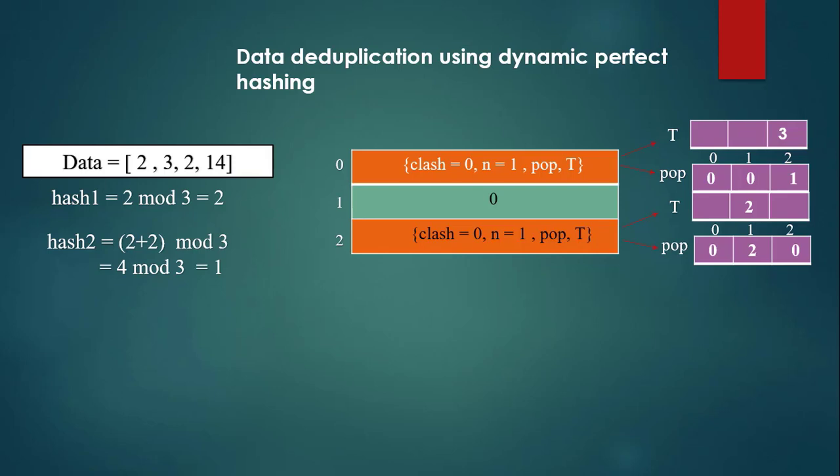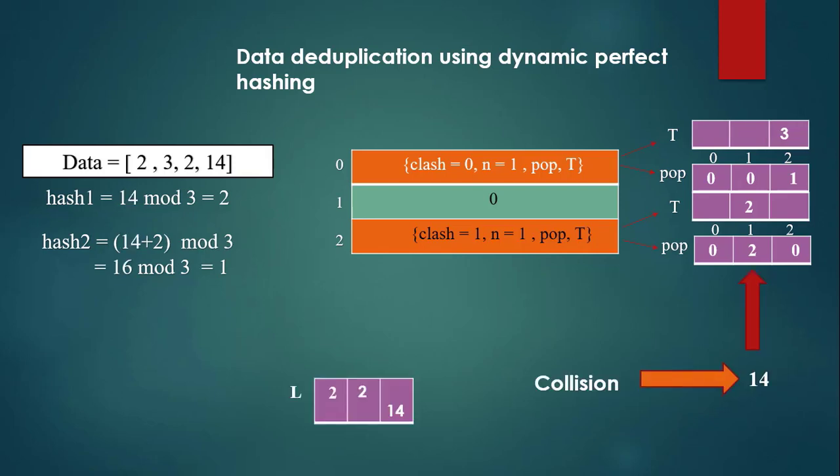And for 14, we will now see what happens. For 14, the primary hashing gives index 2, and the secondary hashing gives index 1 in the subarray. At subarray index 1 there is the element 2, and our algorithm will check if 2 and 14 are the same element. If they were the same, we would increase the popularity count by 1, but they are not the same element, and a collision is happening.